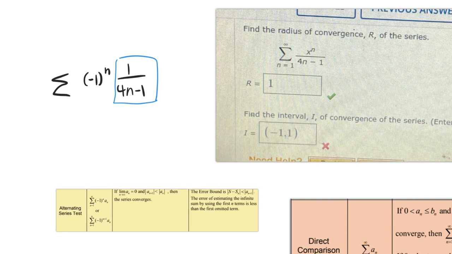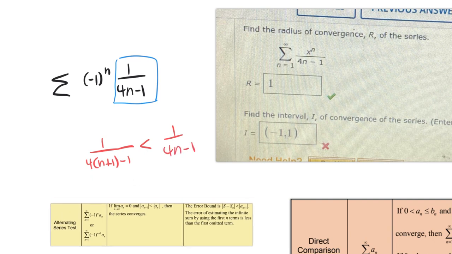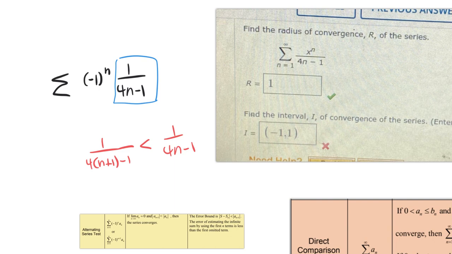Is it true that 1 over 4 times n plus 1 minus 1 is less than 1 over 4n minus 1? Well, let's take a look. If we distribute that down there, it would be 4n plus 3.